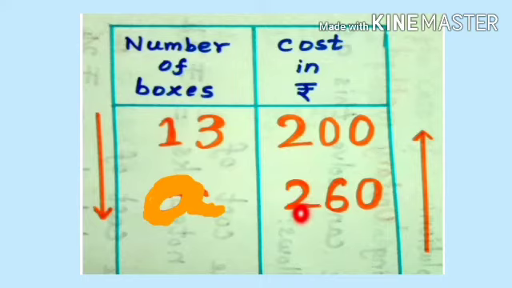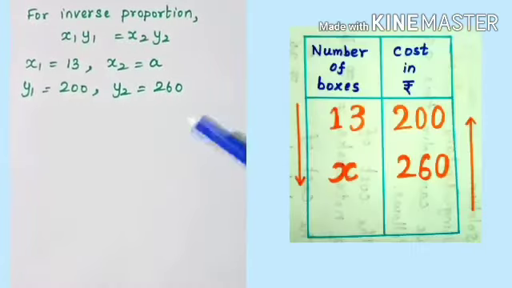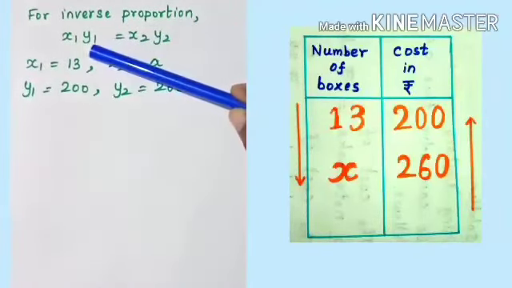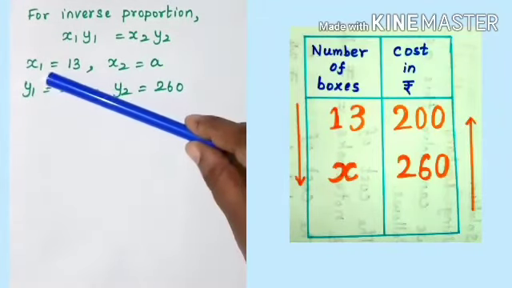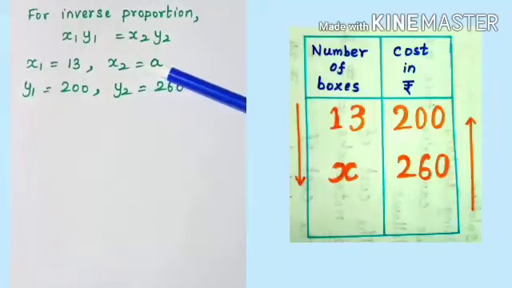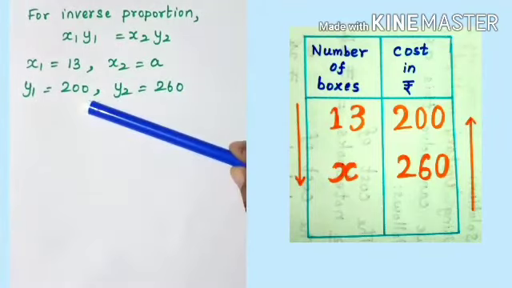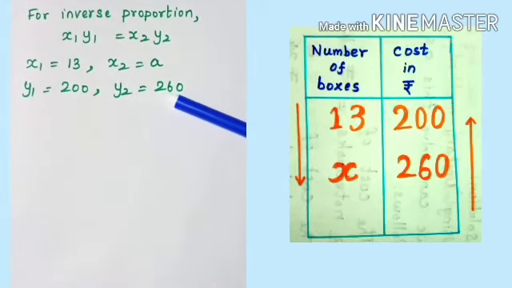Then what will be the number of boxes he buys with the same amount, which is A. So which is unknown value, we have to find this value. So by using the inverse proportion condition, for inverse proportion, the condition is x1 y1 is equal to x2 y2. Here we know that x1 is equal to 13, x2 is equal to A, which is unknown value, we have to find it. y1 is equal to 200 and y2 is equal to 260.